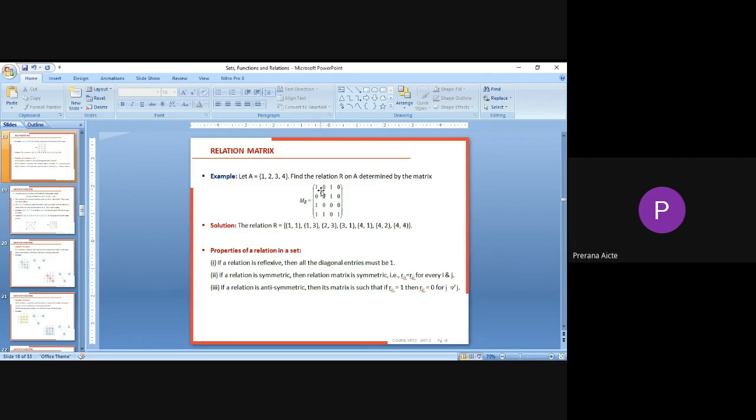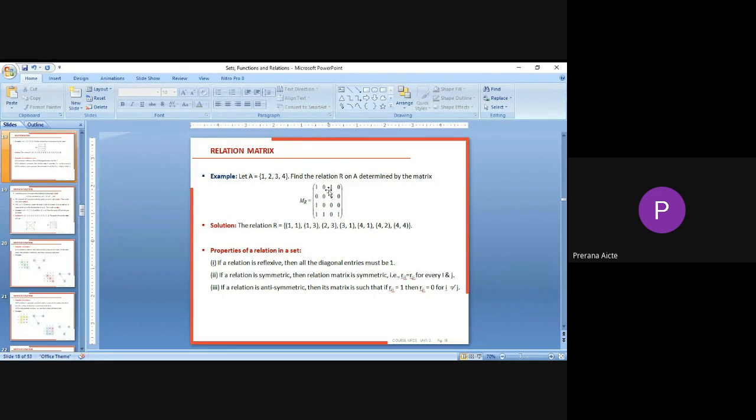If from the relation matrix we see that all diagonal elements are 1, then I can say that it is following the reflexive property. And if your relation is symmetric, then the relation matrix is symmetric. If the matrix is a symmetric matrix, then the relation is also symmetric, following the symmetric property.